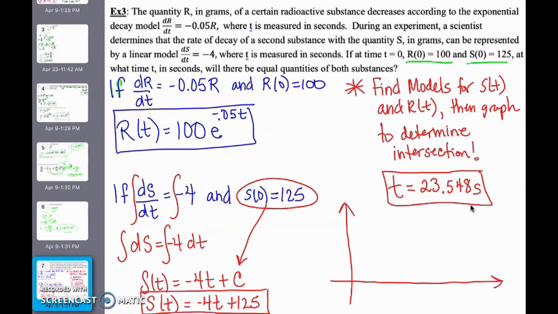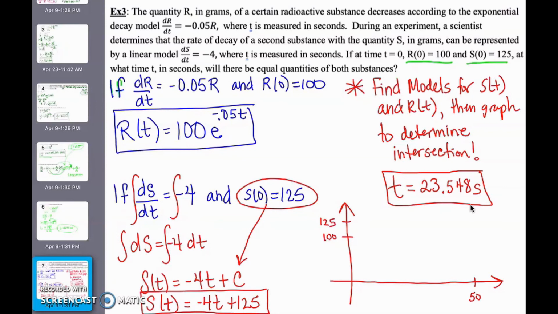And then just for the sake of thoroughness, I'm going to sketch a little picture of what we just discussed here. My x scale went from 0 to 50, and my y scale, I know that my exponential decay begins at 100, and my linear function began at 125, right?